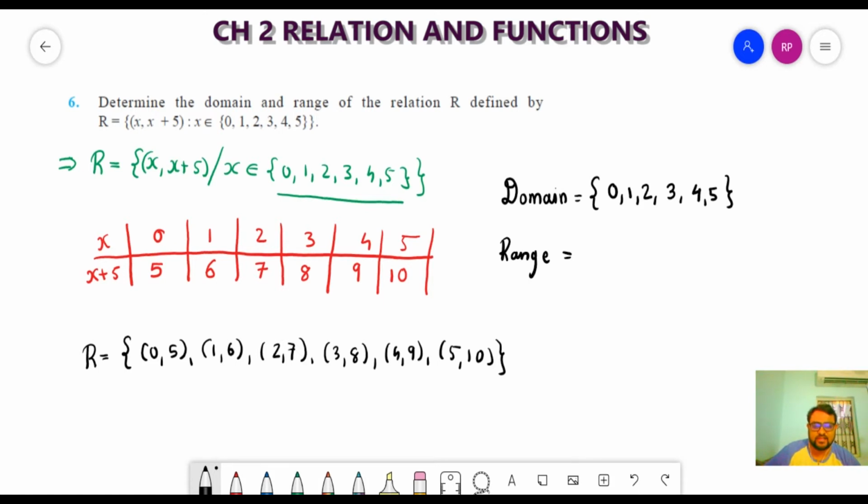Right? These are called the images. And if I want to say 5, then I can say 5 is the pre-image of 10 in this case. Okay, 5 is the pre-image of 10. But in range, it consists of image. So that will be equal to 5, 6, 7, 8, 9 and 10. These are the domain and range. Clear? So note down question number 6.